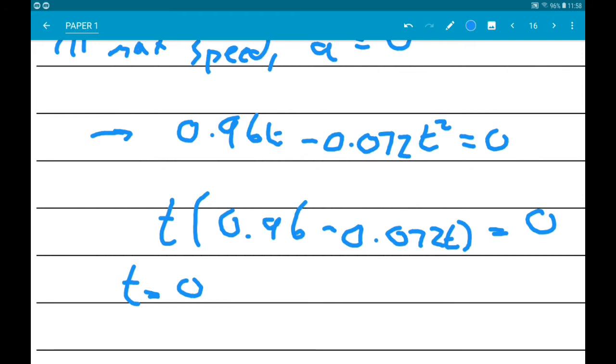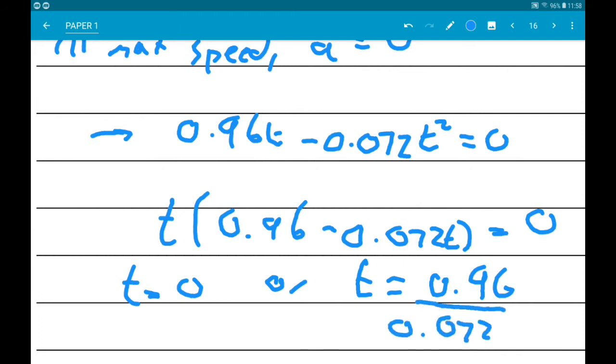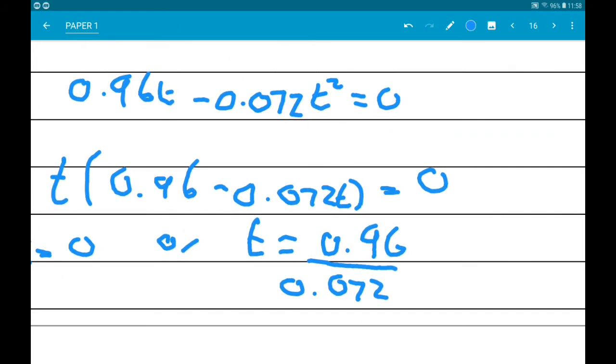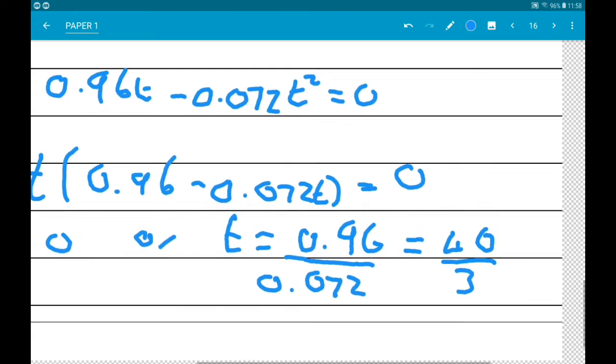Or t is 0.96 over 0.072, which simplifies to 40 over 3, or if you like, that's 13.3.